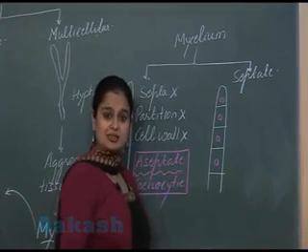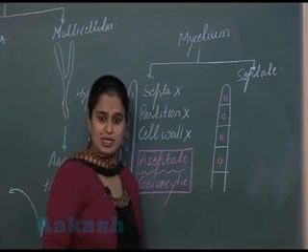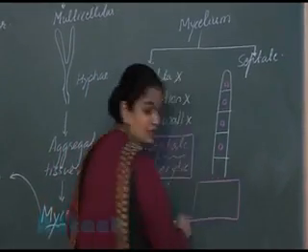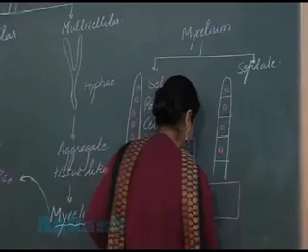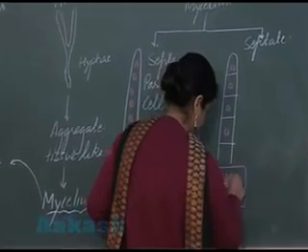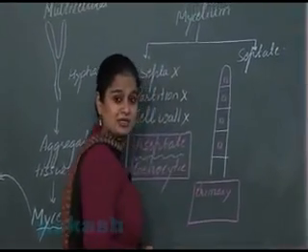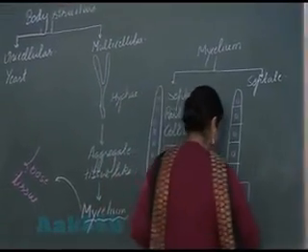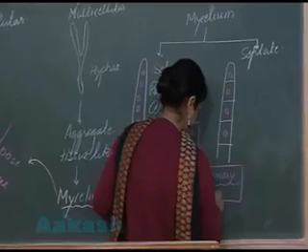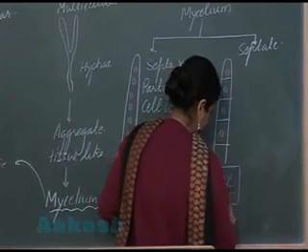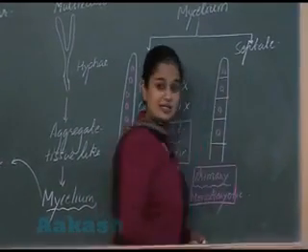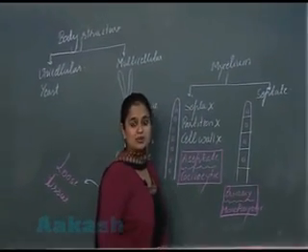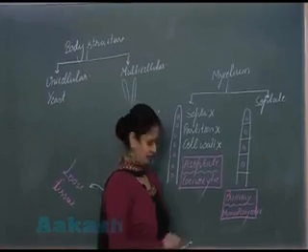When in each cell there is only one nucleus, this type of mycelium is known as primary mycelium. इसको हम कहेंगे प्राइमरी माइसीलियम, और it is also known as monokaryotic mycelium. हर एक सेल के अंदर एक एक न्यूक्लियस, एक एक कैरियन, so it is known as monokaryotic mycelium.